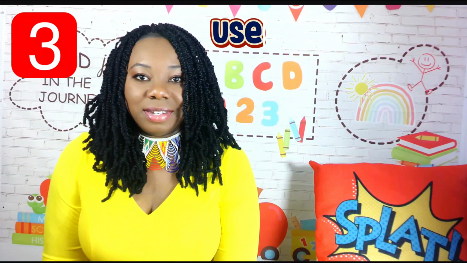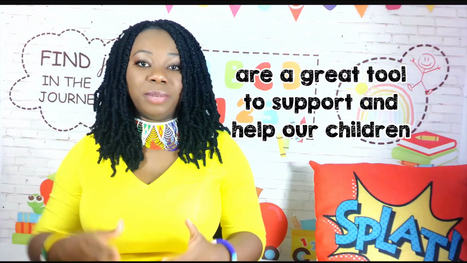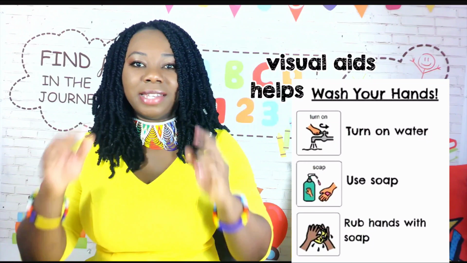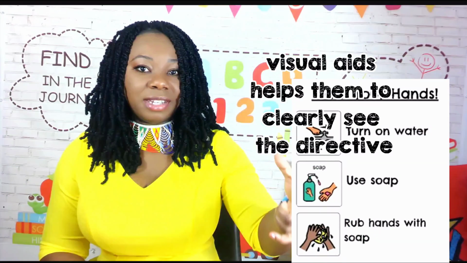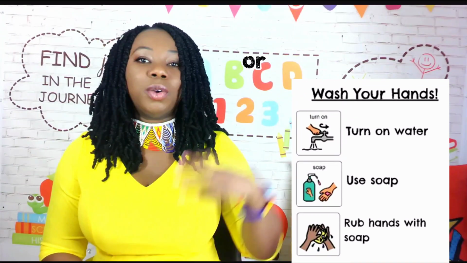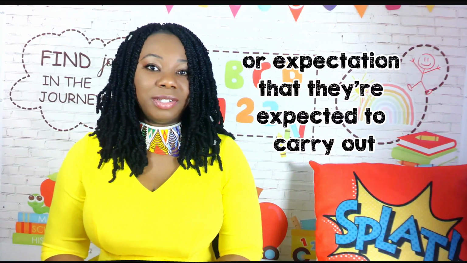Tip number 3, use visual aids. Visual aids are a great tool to support and help our children or elementary learners with autism. Visual aids help them to clearly see the directive, instruction, or expectation that they're expected to carry out.